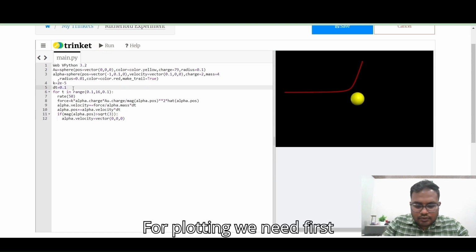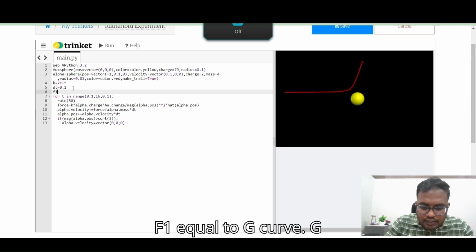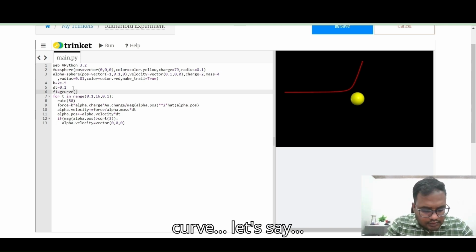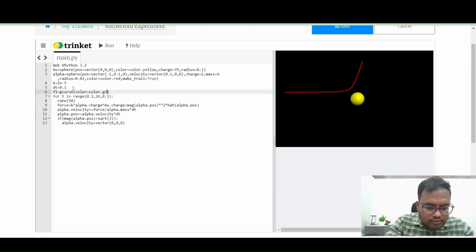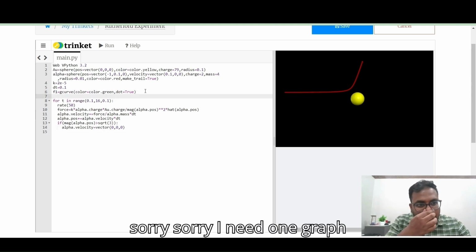Okay, for plotting we need first curve f1 equal to gcurve, let's say color equal to color.green. Oh, sorry. I need one graph paper also, no?